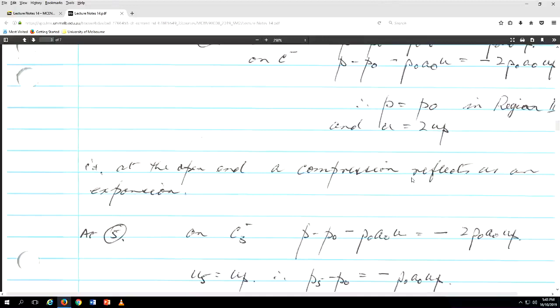So at 5, on the C3 minus, we've worked that out. On a C3 minus, we have P minus P naught minus rho naught A naught U is equal to minus 2 rho naught A naught UP. So at 5, I've prescribed the velocity, but not the pressure. So P5 will be, this is amazing. The pressure actually goes below the ambient pressure.